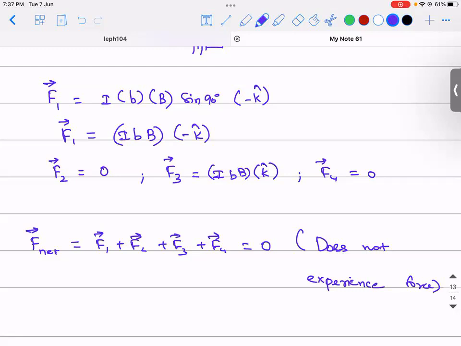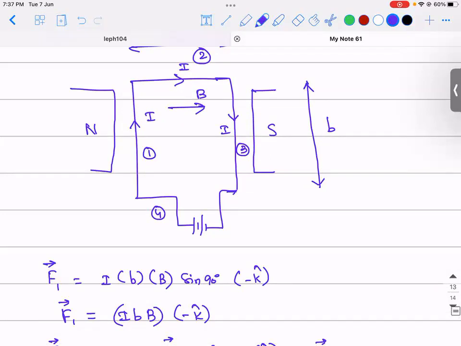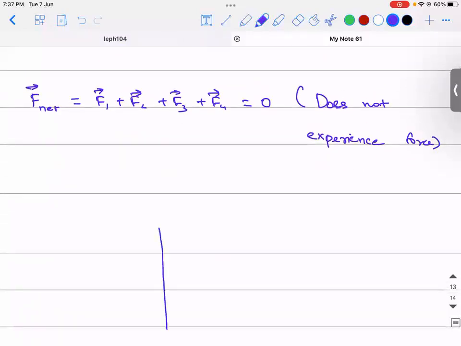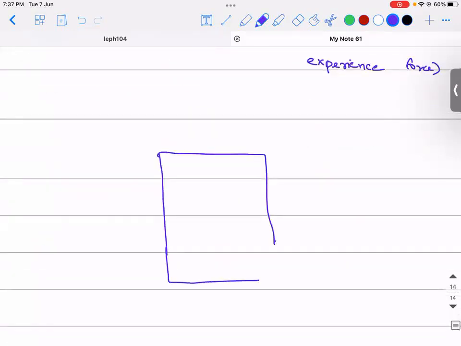But it does not move. It does not have a translatory motion. Okay. But if I take the same rectangle, and I break it into two equal parts like this, such that the magnetic field is still in this direction.